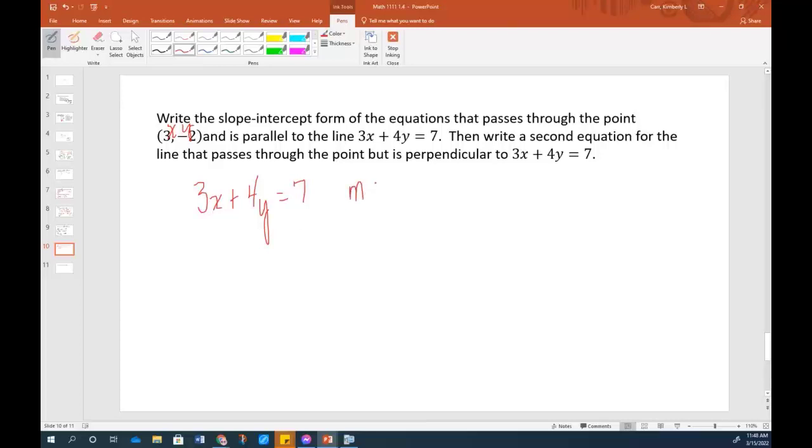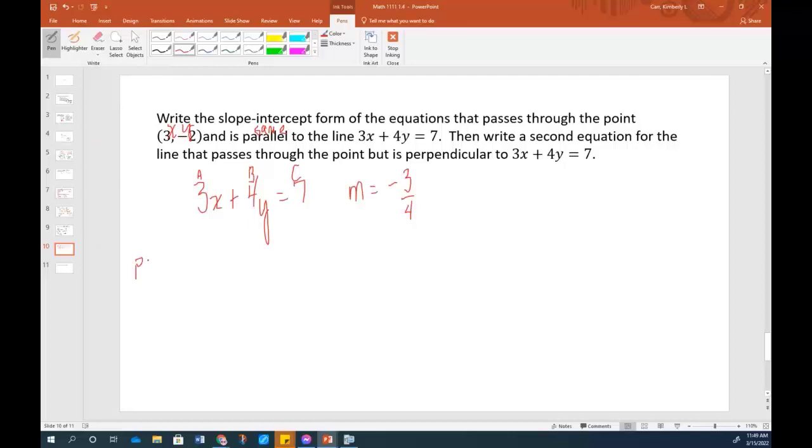So the slope is, and I am using that approach of A, B, C. When you have it lined up like that, the slope is the opposite of A over B, because we would get that from taking that 3x to the other side, so we get the -3, and then we divide it by 4. So that's my slope. Now, since it said parallel, I need to use the same slope.